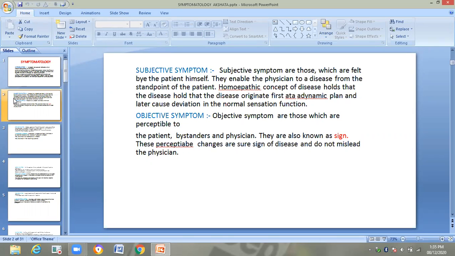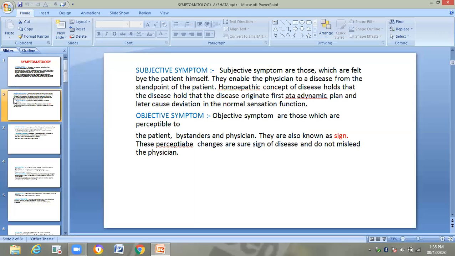Dr. Stuart Close writes that the subjective symptoms constitute the only direct avenue of approach to the inner sphere, which must otherwise remain closed to our investigations. It means, as I said just now, that when the patient is feeling uneasy and uncomfortable, there are no external manifestations, and when we do investigations we cannot find any changes.